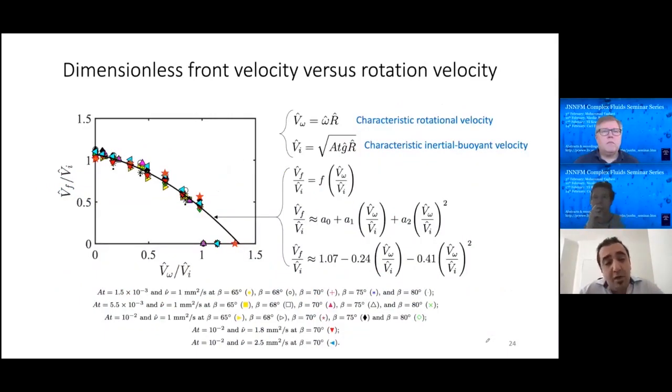If we plot our experimental data in the plane of Vf over Vi and V omega over Vi, we observe a reasonable collapse of the data points, except for when V omega over Vi gets very large. We can simply fit a second order function, a Taylor expansion with respect to V omega over Vi, and see a reasonable agreement with the fit.